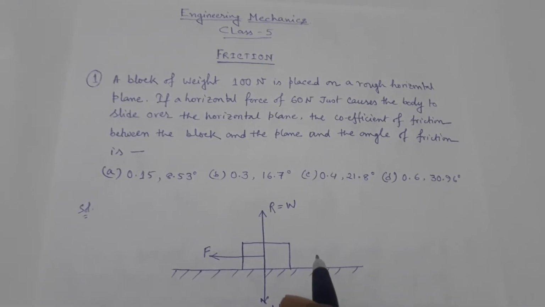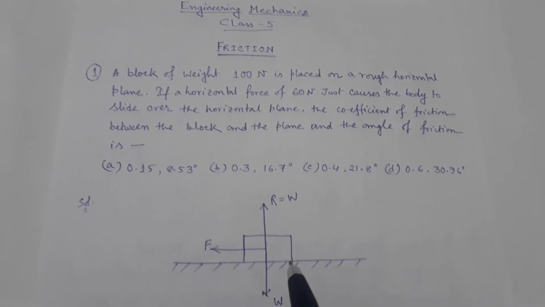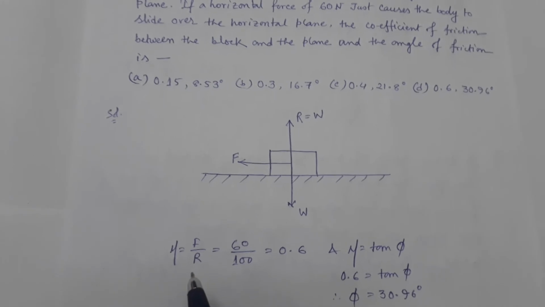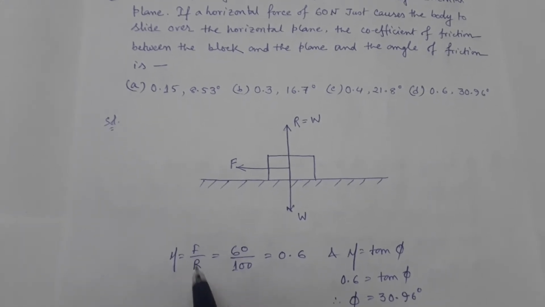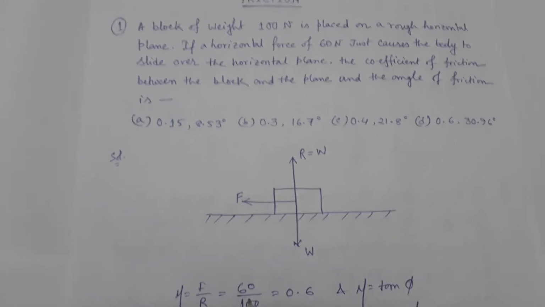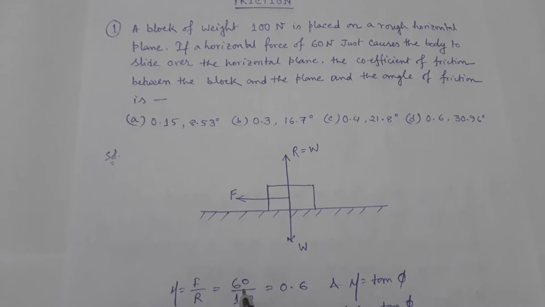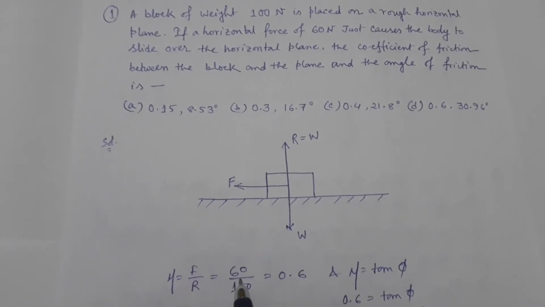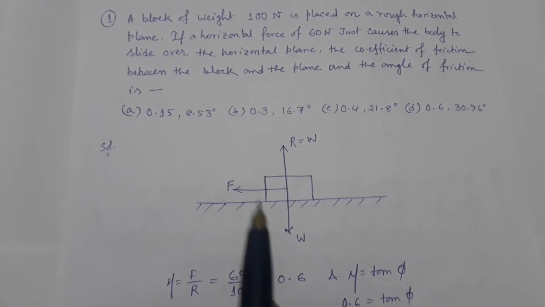We have to find out the coefficient of friction and the angle of friction. So the coefficient of friction, denoted by mu, equals F by R. Here F is the frictional force, that is the horizontal force, 60 Newton, and the normal reaction R, what is R?